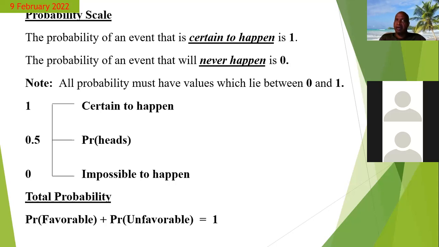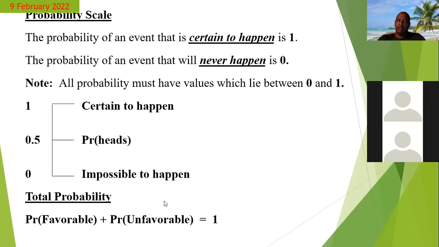So the closer your value of probability is to 1, the more likely that outcome will be in your favor. All right. The closer it is to 0, the less likely it is to happen.